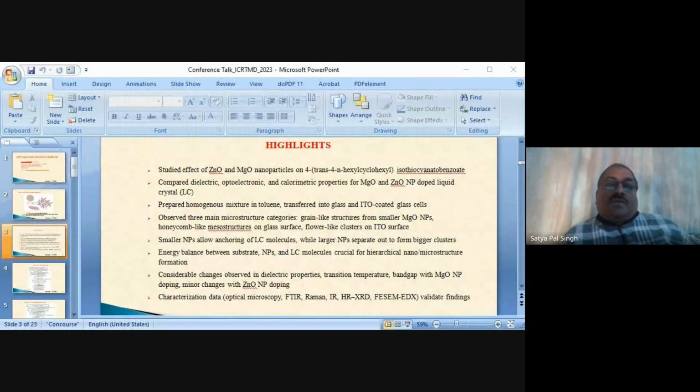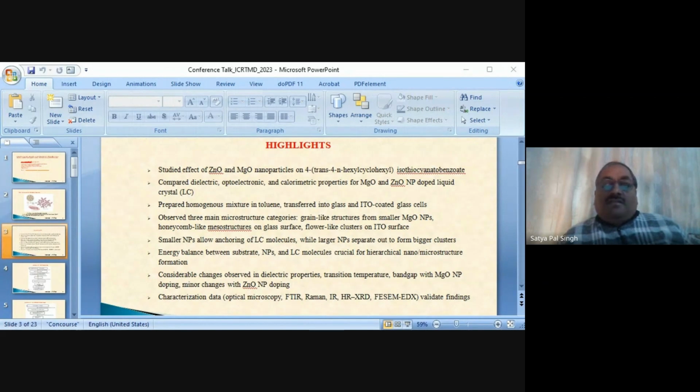We mainly observe three different types of microstructures: grain-like structures from smaller MgO nanoparticles, then honeycomb-like mesostructures found on glass surfaces. These MgO nanoparticles combine together to form honeycomb-like structures. And of course, in some cases, as in the case of the ITO surface, flower-like clusters are formed. All these things are done with the intention that we can tailor the optoelectronic properties by their natural self-assembly process.